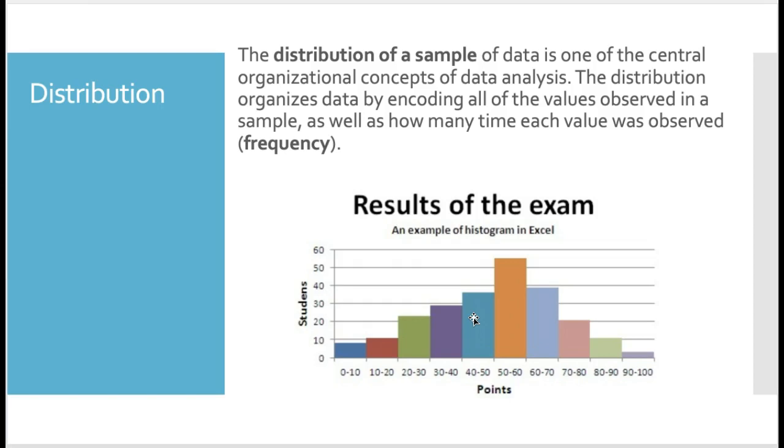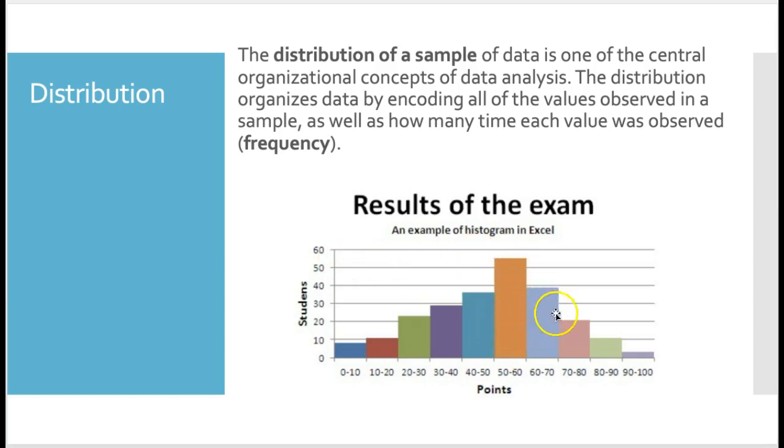If we look here, we can focus our attention on this histogram. It's a visual of the point distribution for a particular exam. If we look at this rectangle, we see a majority of students, maybe about 55 students, scored between 50 and 60 points.